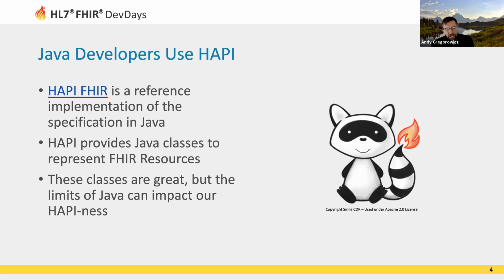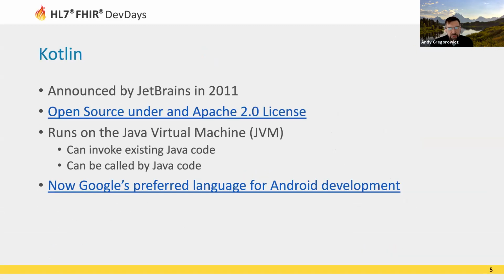And so that can be kind of a downer for some of us that are coming from other languages that are perhaps a little bit more expressive or give you a little bit more freedom. So it would be nice if there was a toolkit that we could use to maybe increase our happiness while still working with this great HAPI API. My argument in this talk is that Kotlin is one way that you can do that.